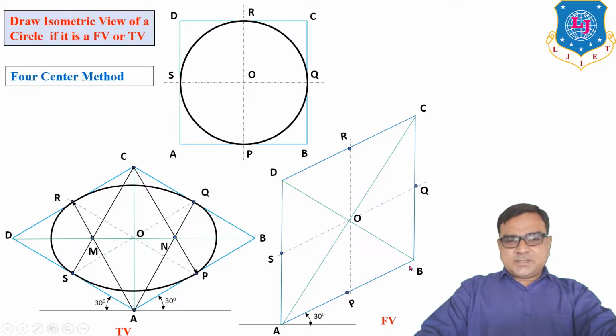Here BD is the smallest diagonal. So draw lines from B to R, B to S and D to P, D to Q. M and N are the intersections of DP with AC and DQ with AC.